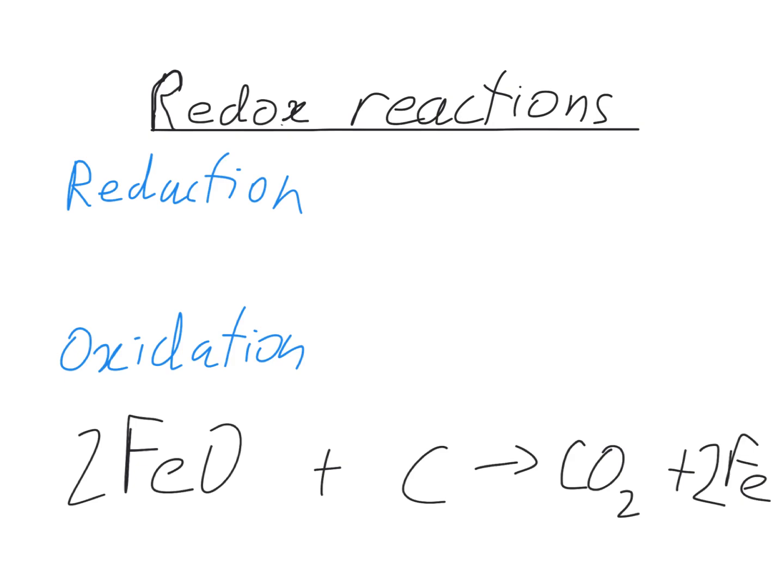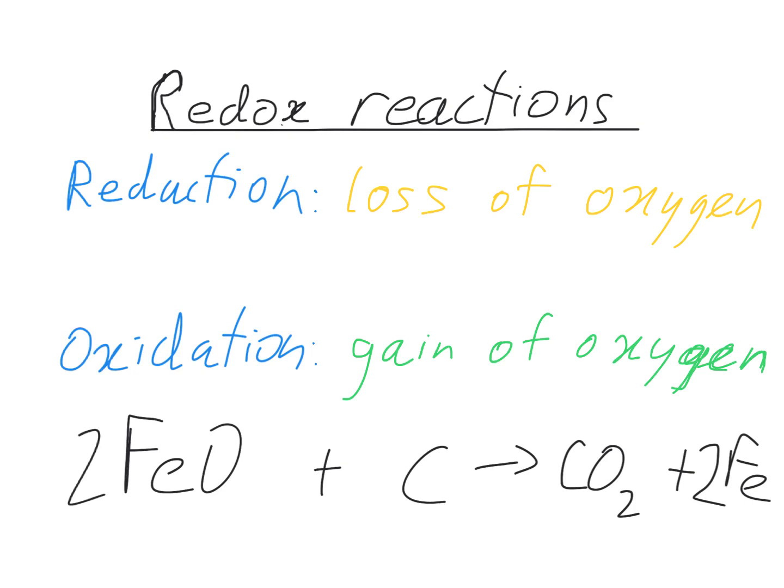And two things are happening in this case. Iron is losing oxygen and carbon is gaining oxygen. And this is how redox was defined. So old definitions defined redox as the loss or gain of oxygen. So for example, in this case, iron is losing oxygen.